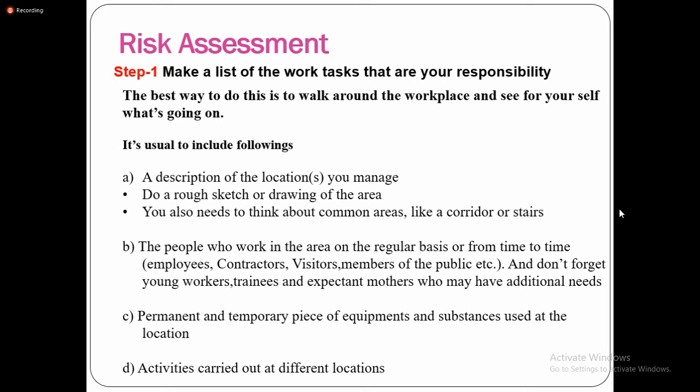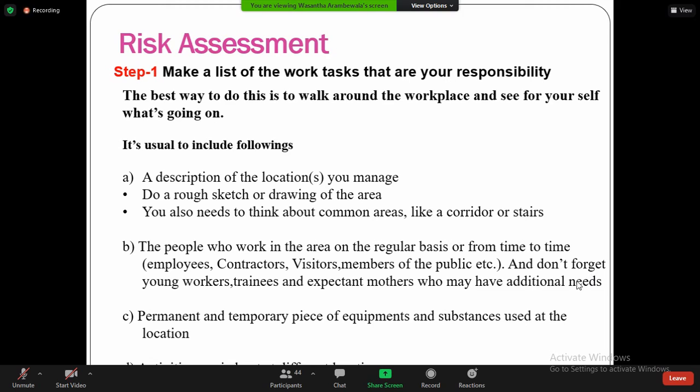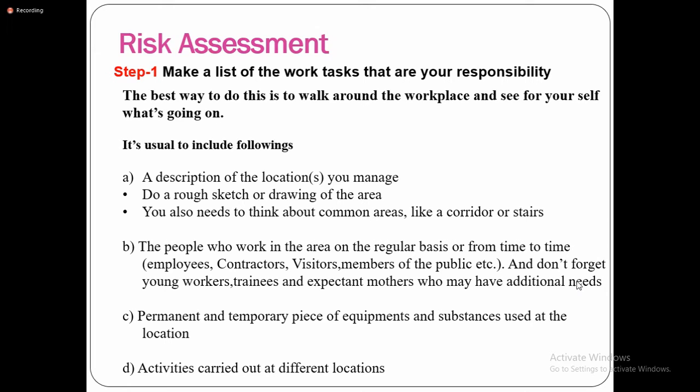Then it is usual to include the following: a description of the location you manage. For example, the loading bay. You are saying this is the area, this is the dimension, and so on. You can have a sketch of the area, right? And also you can see the people who come on a regular basis or from time to time, for example visitors or some contractors.